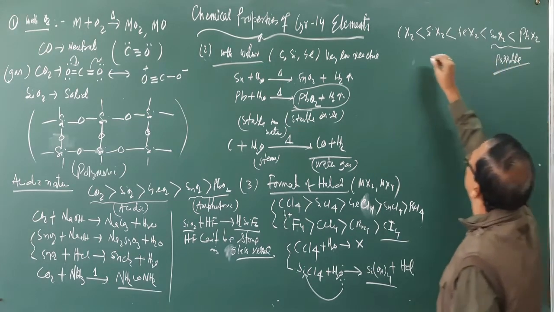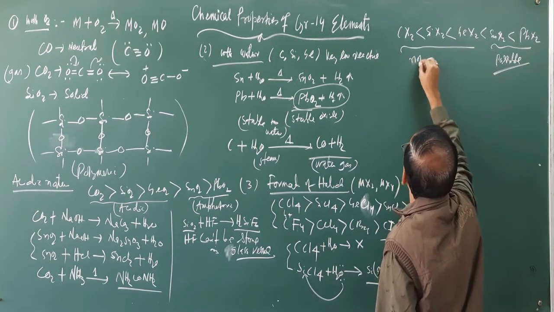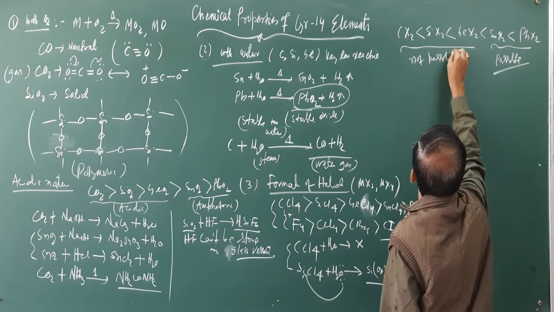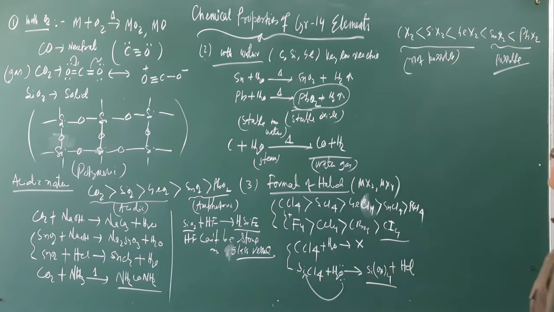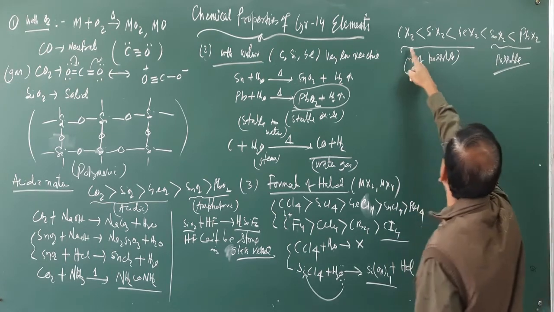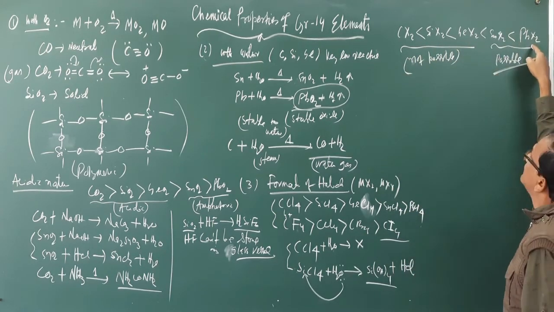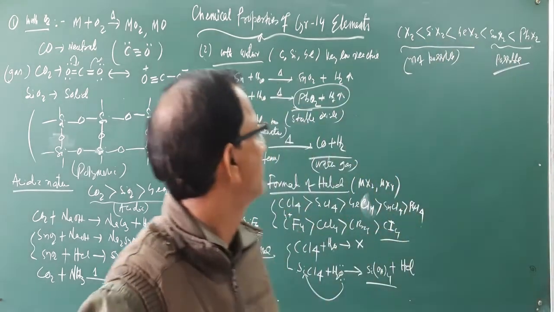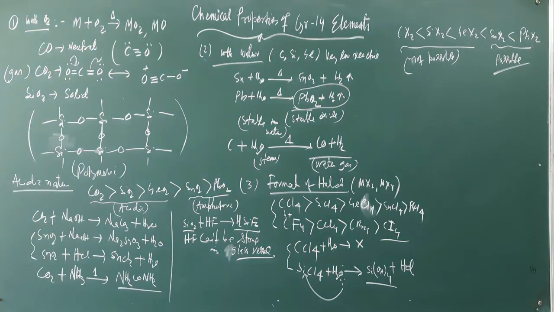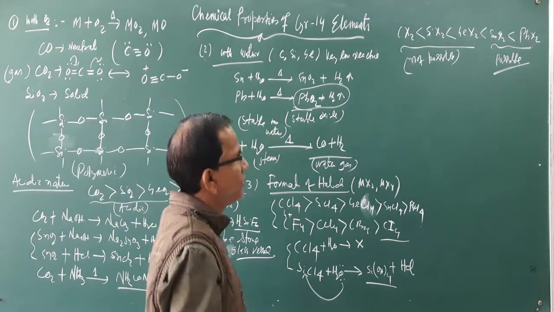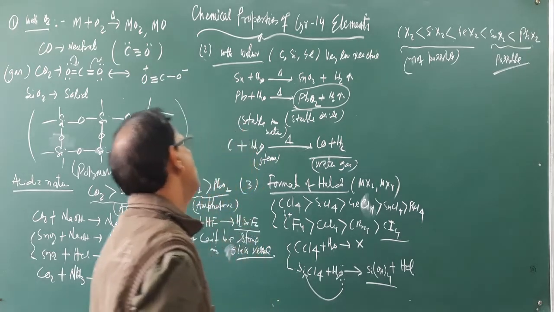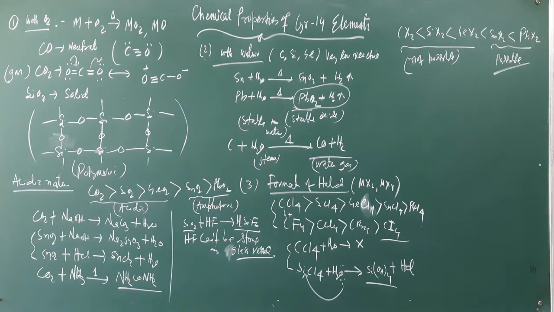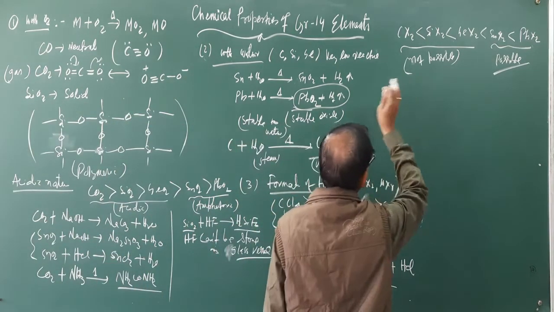So stability increases down the group, but that's why the first three do not exist. Divalent carbon is very unstable. So this is the very important concept of halides and tetrahalides.